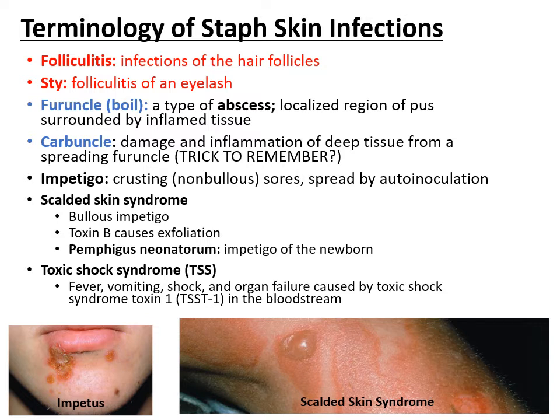This is something I want you to pay close attention to, because so many people don't realize that it's actually you who spreads your own infection sometimes. Autoinoculation means that with a lot of your skin infections, you self-spread them from one body part to another. For instance, if you started off with a skin infection on your neck, let's say, you go to scratch it, and then without washing your hands, you go to rub your eyes.